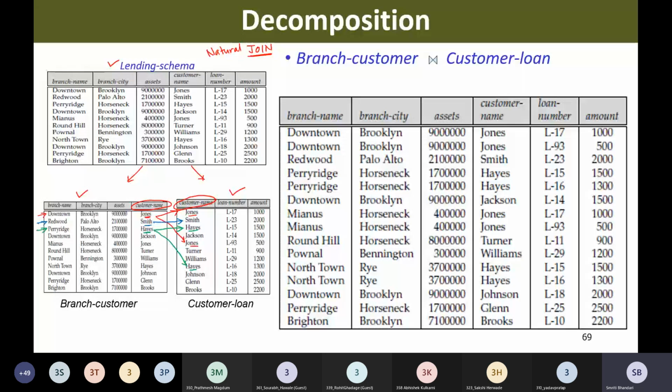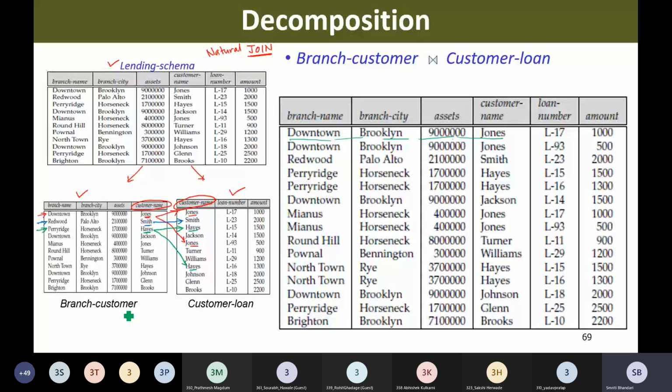So this is the first tuple from the branch customer relation, right? Now this tuple is matched with the tuples from customer loan, and as we have seen, we have two tuples in customer loan with the same name. Right? So both of these tuples will be matched.